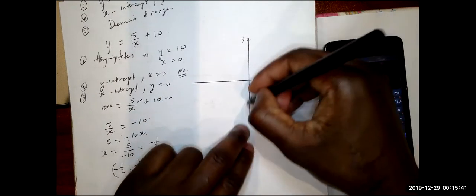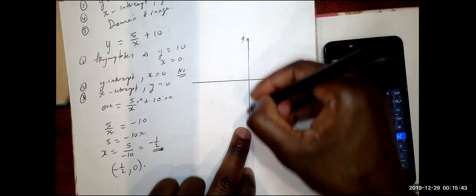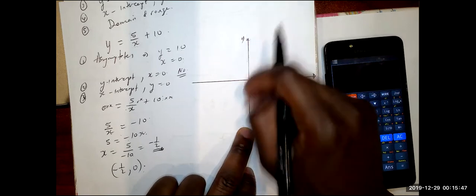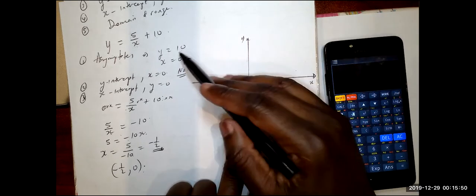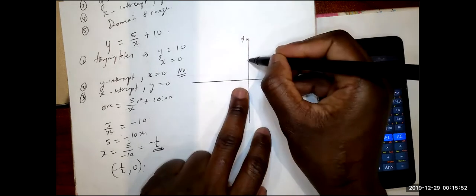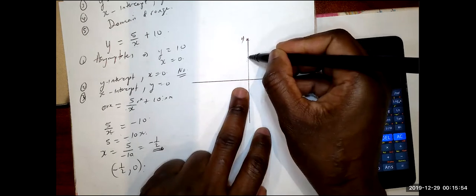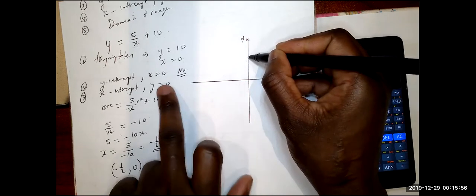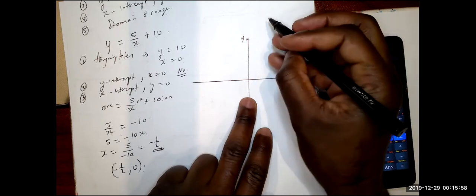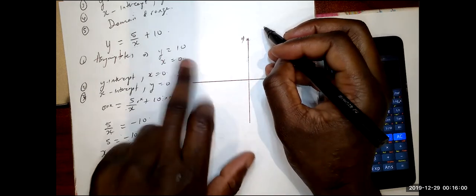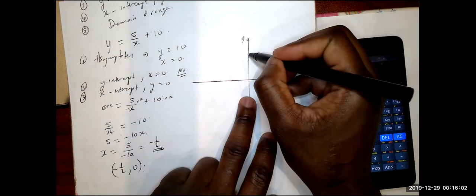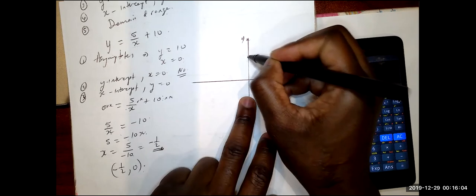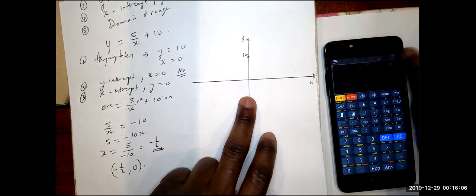So x equal to 0 is the y-axis, and in general the graph doesn't touch the y-axis. And when y is equal to 10, that's another asymptote there.